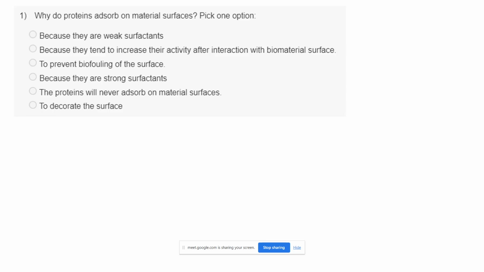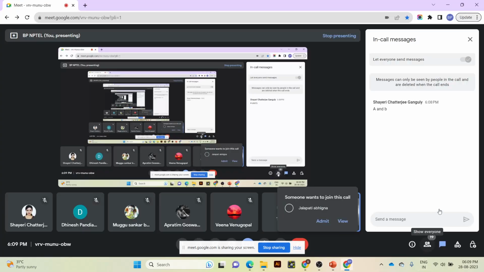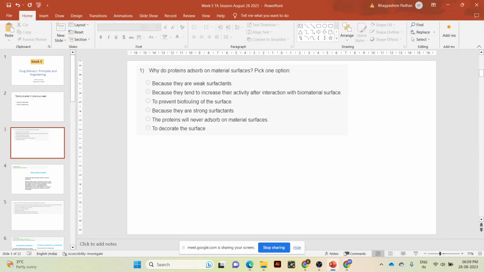If there is a problem, then you can go for chat. But it would be preferable if you just unmute yourself and answer. Anyone else has any other answer? Why do proteins adsorb on material surfaces? You have to pick one option. Option A, ma'am. Proteins are weak surfactants. Okay. Anyone else? Option A. Okay. Anyone else has any other answer other than option A?